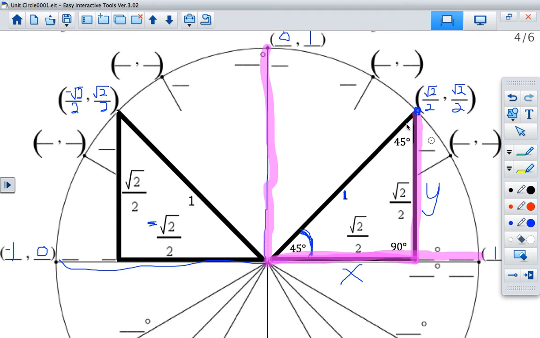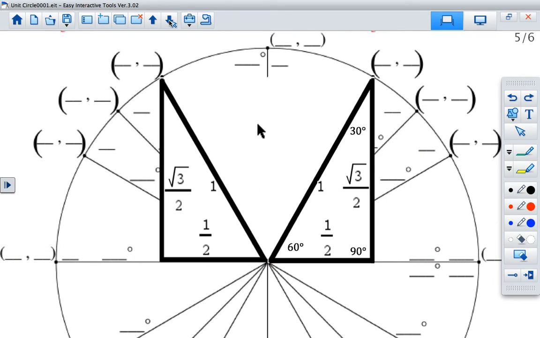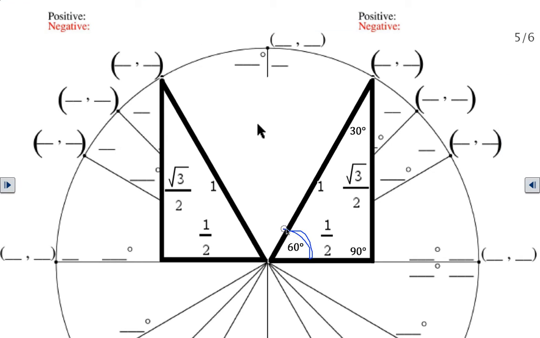Let's look at our 30, 60, 90 degree triangle. Same basic principle. Our rotation angle or our reference angle here is 60 degrees. And if my radius is 1, then I divide my radius by 2 to get my short leg, which happens to be my x value here.